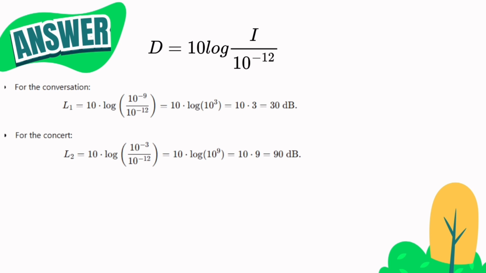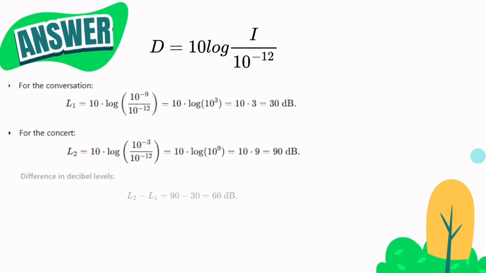While the concert, L2 is equal to 10 times log quantity 10 raised to negative 3 over 10 raised to negative 12, and it is equal to 10 times log quantity 10 raised to 9, equal to 10 times 9, and then finally it equates to 90 decibels.